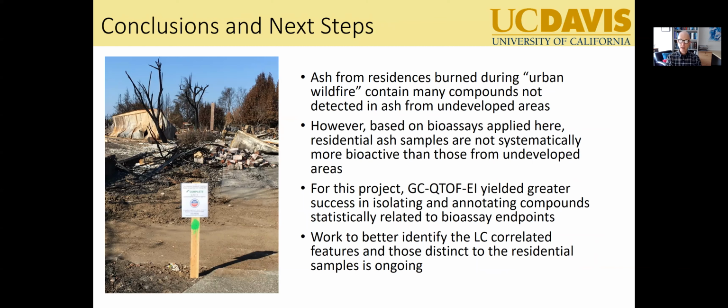So where are we headed from here? First, we've proven that there are many things in urban wildfire samples that were not present in undeveloped samples, but based on the set of bioassays we chose to apply here, there's not a systematic difference that those residential samples are more bioactive.